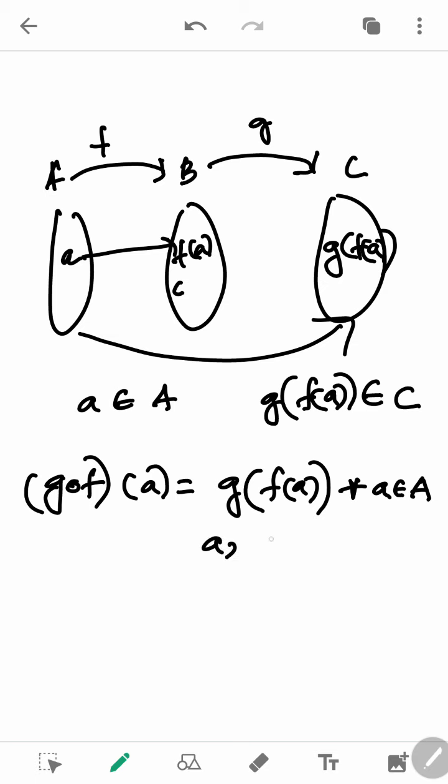G composition f is an ordered pair a, g of f of a. See, g of f of a is an element of C.